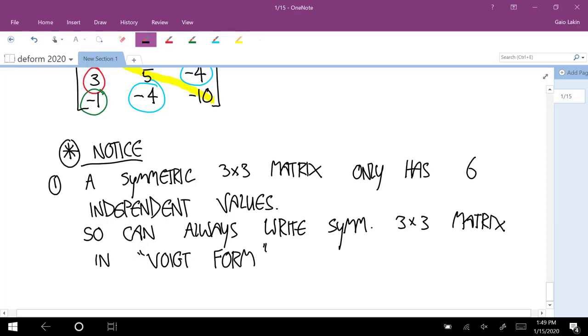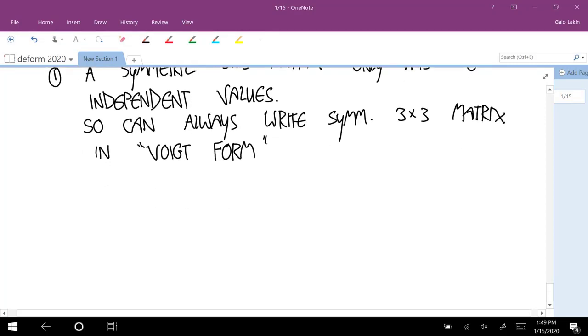And Voigt form looks like this. If you have a matrix, let's call it A11, A12, A13, and let's say it's symmetric, so even though this is the 2,1 element, I'm going to call that A12, then A22, A23. And this one, because of symmetry, is A13.